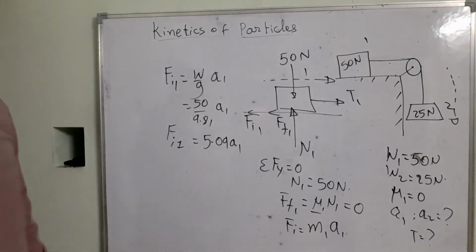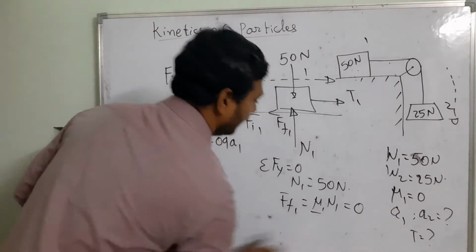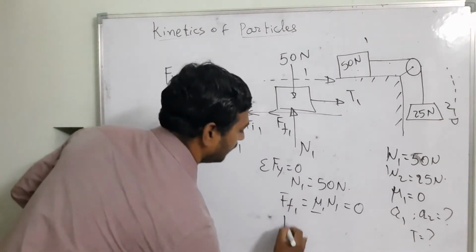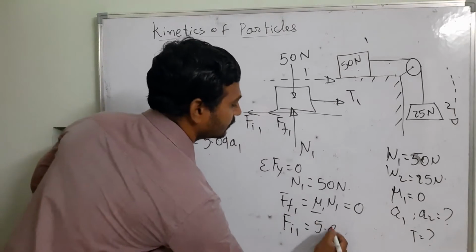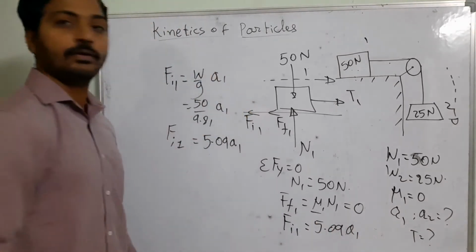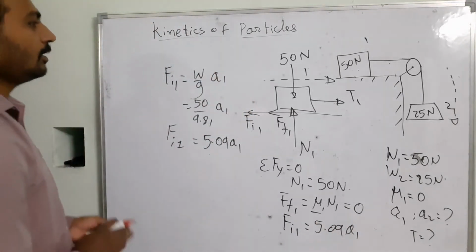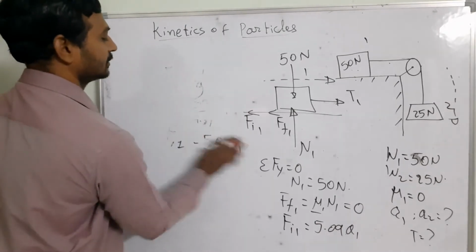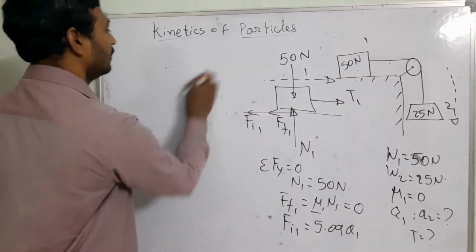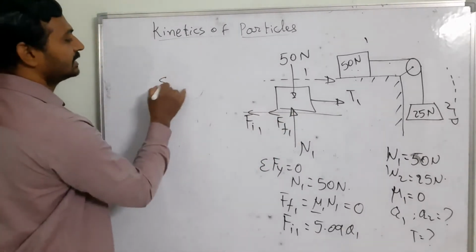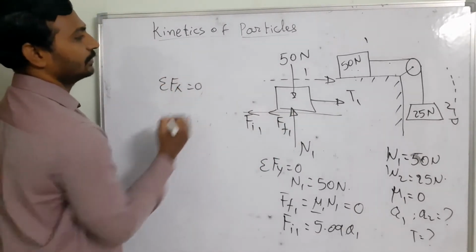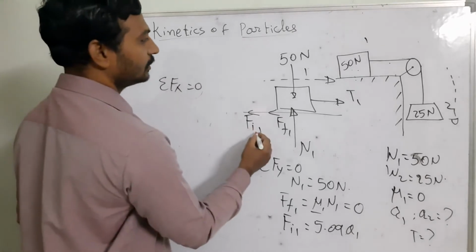I am writing over here in terms of Fi1 is equal to 5.09 A1. Alright. So then I am going to write the total equation here. What is the cause for the motion of this body? So that's going to be sigma Fx equal to 0. What is sigma Fx equal to 0?